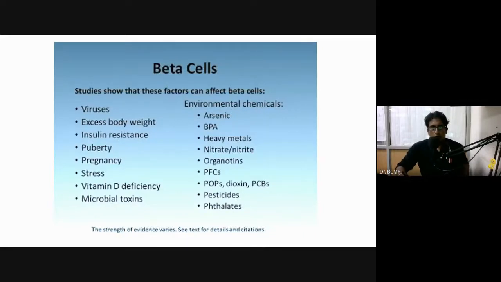Insulin is produced by beta cells, and they could be destroyed by multiple things. Often it is about viruses, excess body weight, and there is also gestational diabetes that I haven't discussed. Stress, microbial toxins, and numerous environmental chemicals also affect the beta cells.